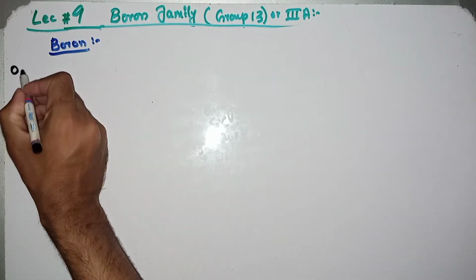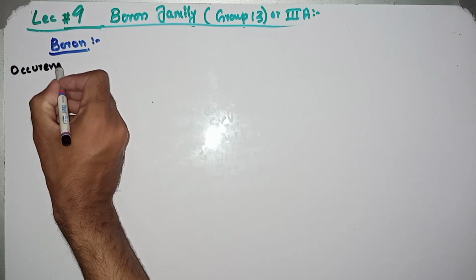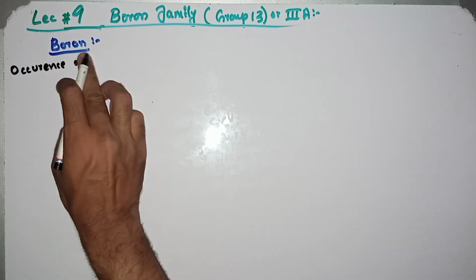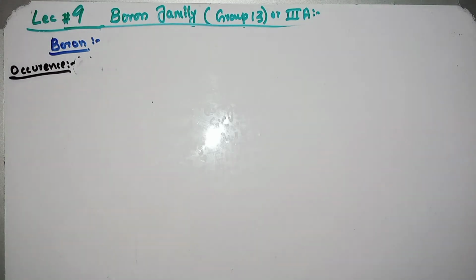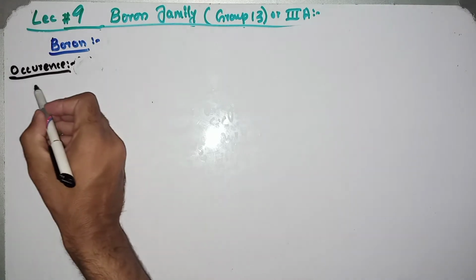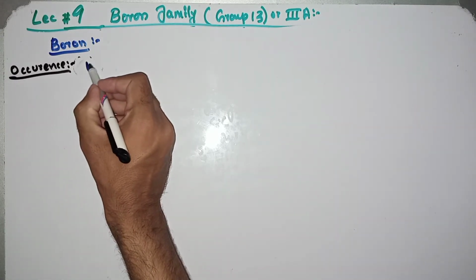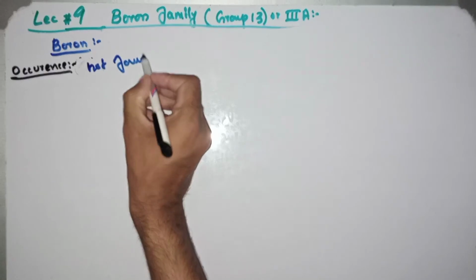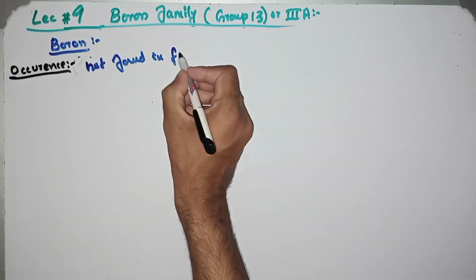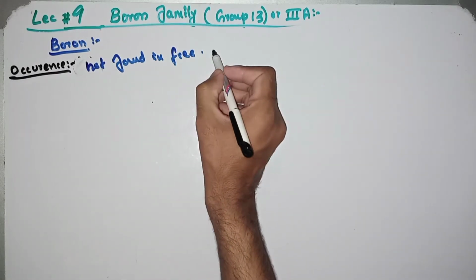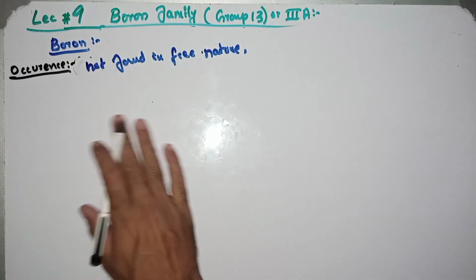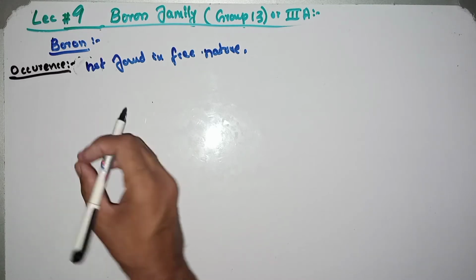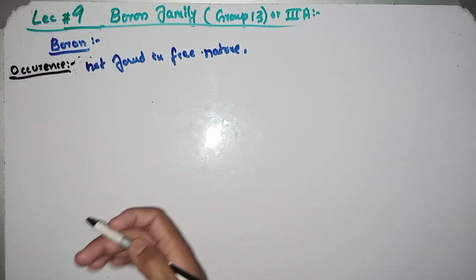Boron is not found in free nature, but it is found in different compounds. It will always be found in the combined state, maybe in salt form, maybe in acid form, maybe in basic form.